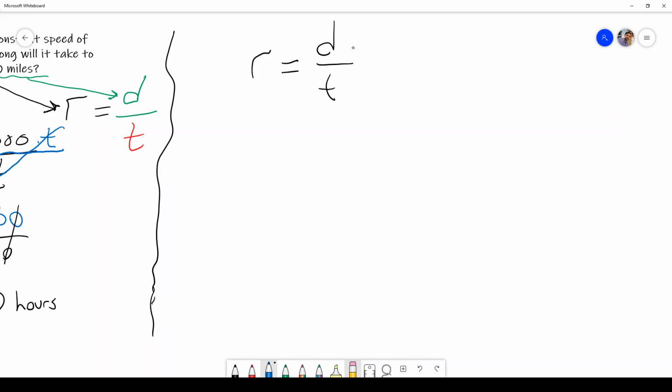We multiply both sides by t, and that t disappears. They go away, that's 1, and I've got t times r equals d. Now, if I write this the reverse way, d equals rt, this is the equation that I like to remember.